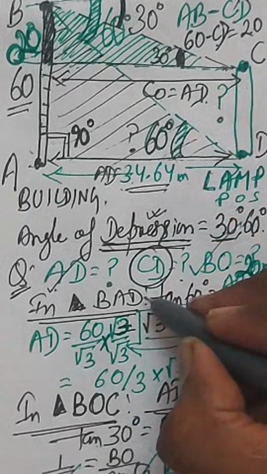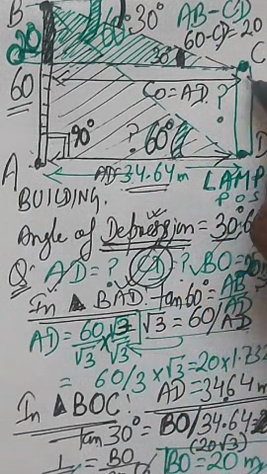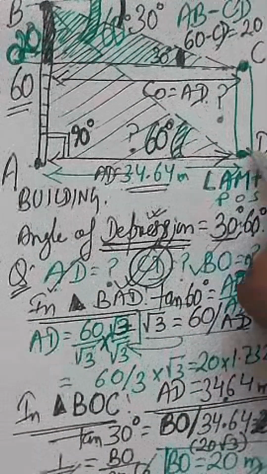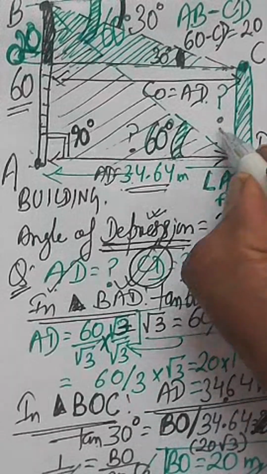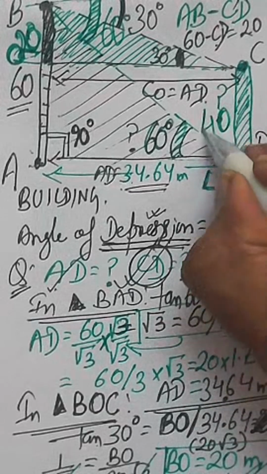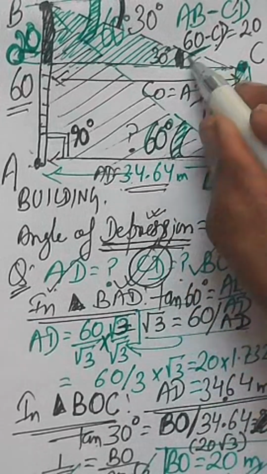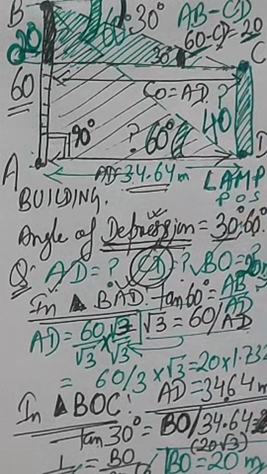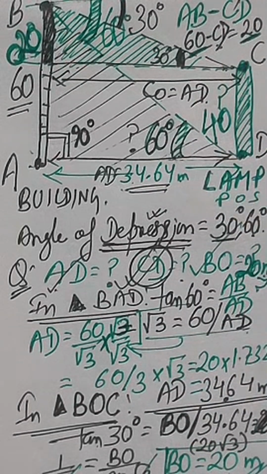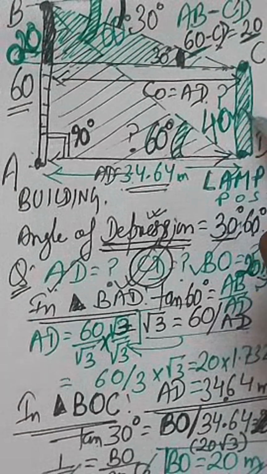So CD is calculated as 40. This portion, the height of the lamp post, is calculated as 40 meter, because 60 minus this 20 will give you the length of CD. So in this way the second part of the question is also solved, the height of the lamp post, which is 40 meter.